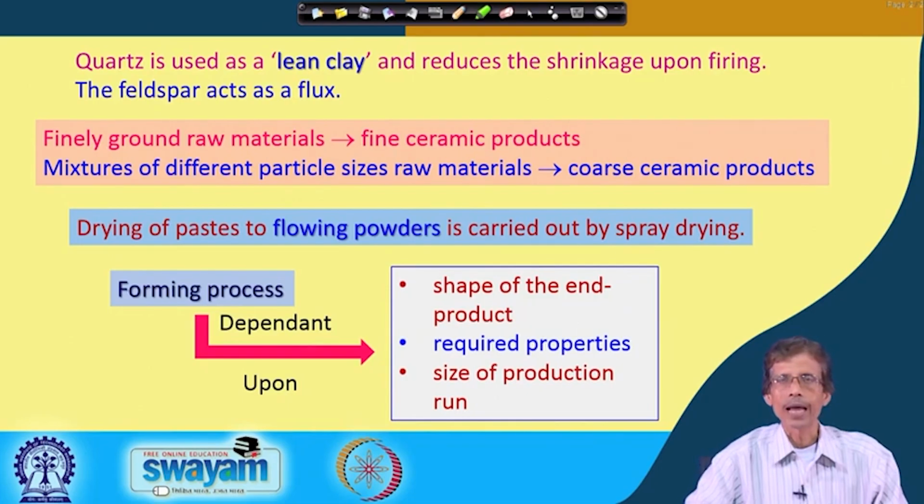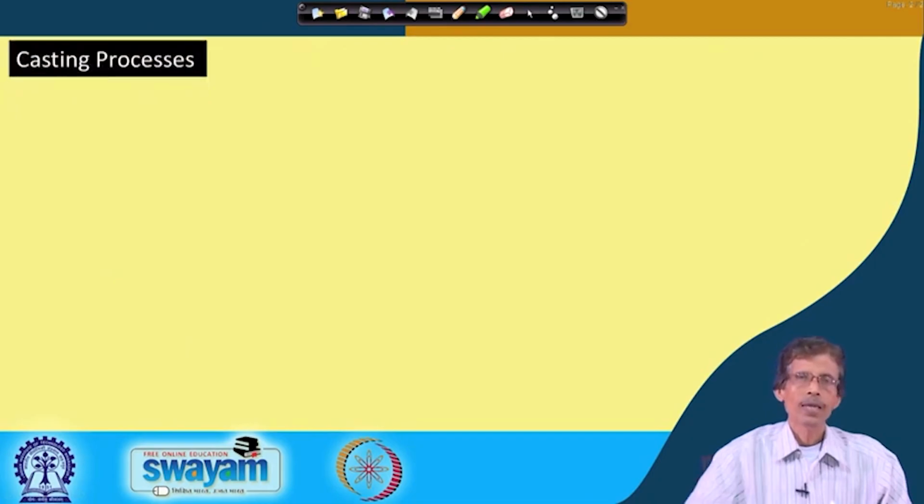Then we always look for the required properties, a particular type of property, and the size of the production run, that is how much material we are using for a particular run. The volume or the size of that production run is also important for this forming process. Then after this forming process, we will proceed to the casting process.